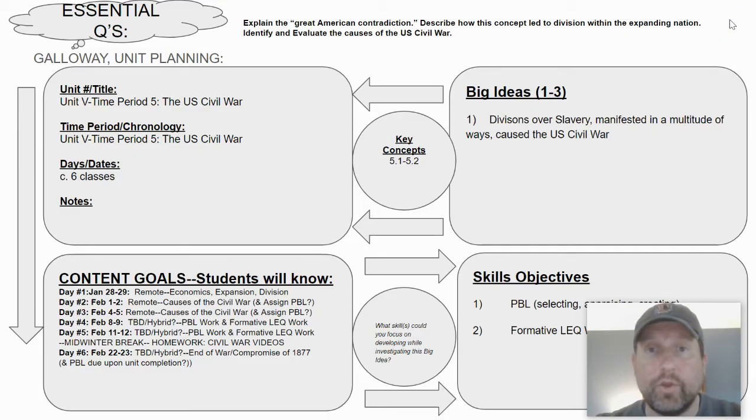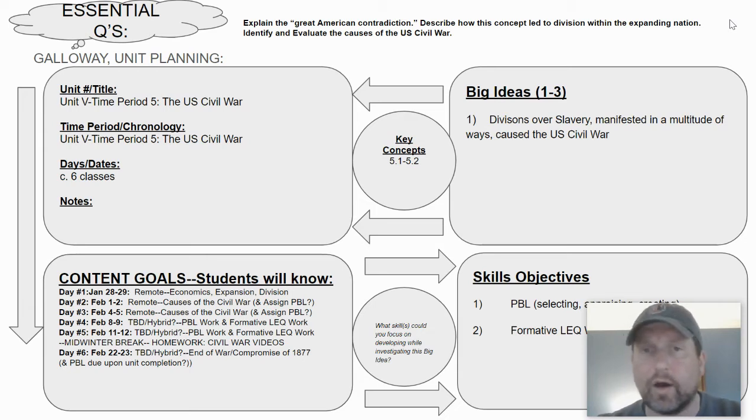So we've got a new unit map here for time period 5, unit 5. We're going to tackle this one fairly quickly. As you see, it's about 6 class periods, and really kind of 5, because the 6th class period is going to be the turning point, marking that transition point from time period 5 into time period 6 with the Compromise of 1877.